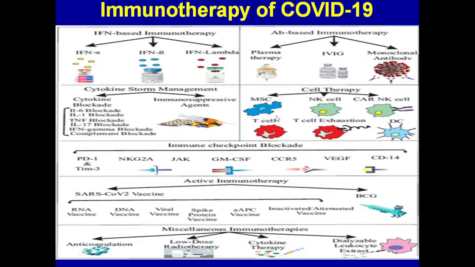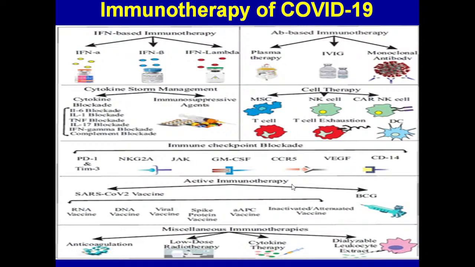Then the new approach is cell therapy, where we use the cells trained against coronavirus to cause the replacement of the damaged cells. Then we may have immune checkpoint blockage of the specific types of cells, regarding using the particular types of cytokines.